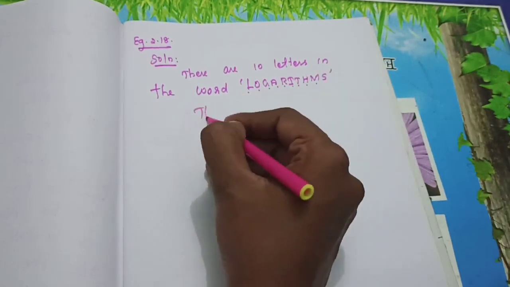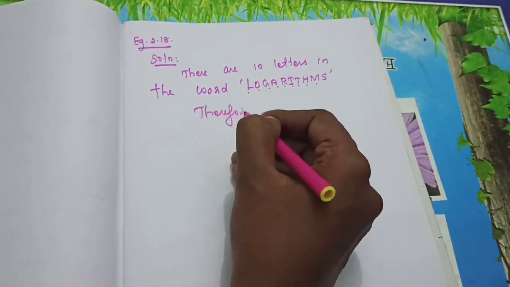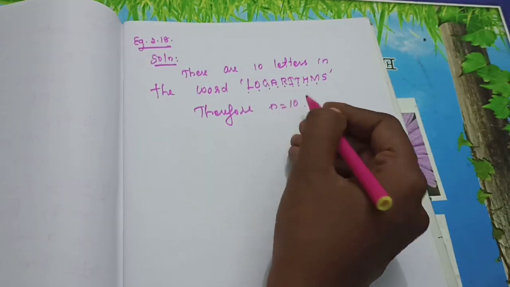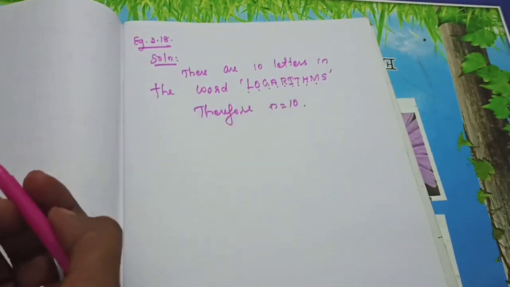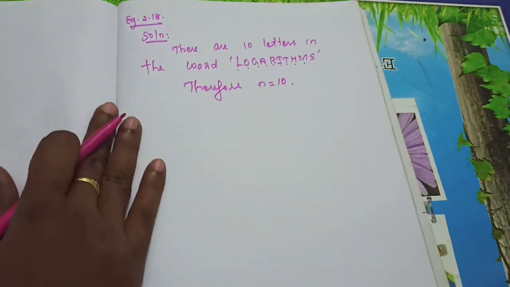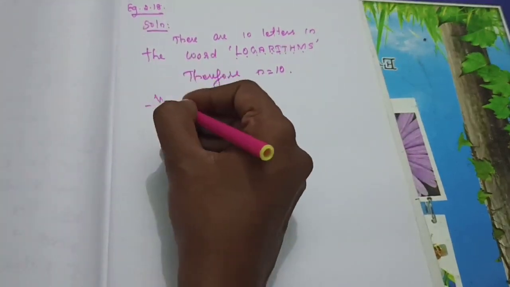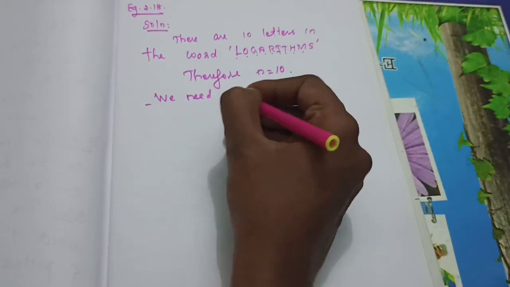Okay. So therefore, what's the n value? 10. Okay. So how many letter word do we need to find? 4 letter word. So r value is 4. Is it right? So we need to find.